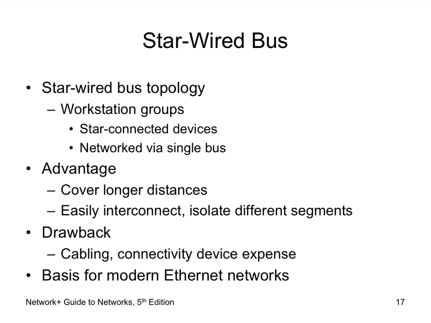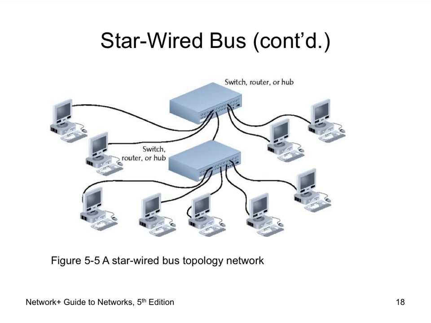The drawback is the cabling, you double up the cabling. And it's the basis for most modern Ethernet networks today, the star wired bus, which is this right here, like we have in this room, like we have in this building or buildings here at Rock Valley. So we all have this type of technology, and yes, it's working.